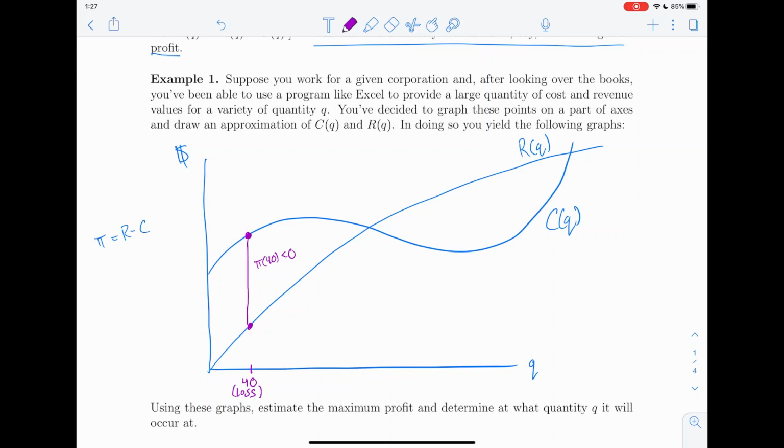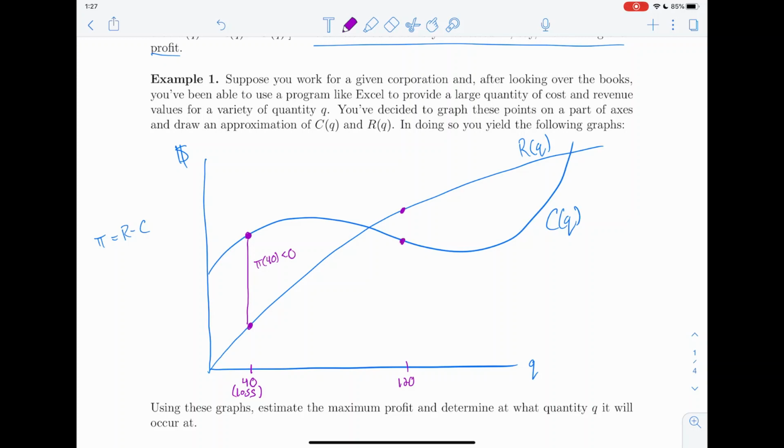This can be contrasted, for example, when you move forward in quantity a little bit, and you find that maybe for this number of units, maybe this is, I don't know, 120 units, we find that our revenue at 120 units is all the way up here, and the cost is down here.